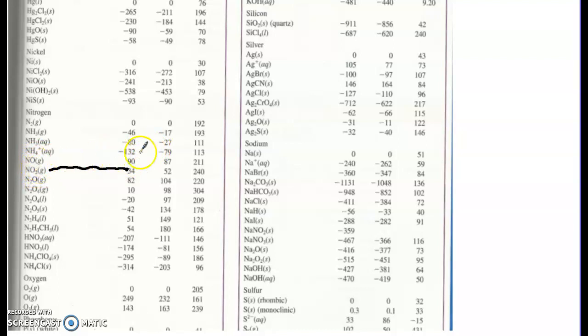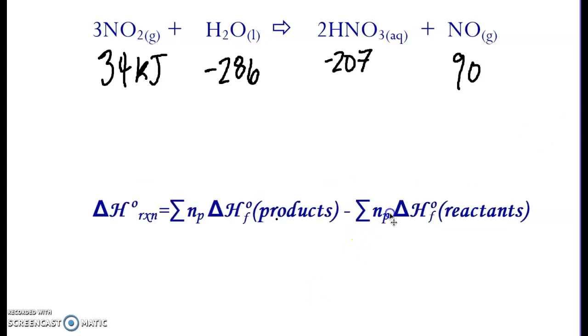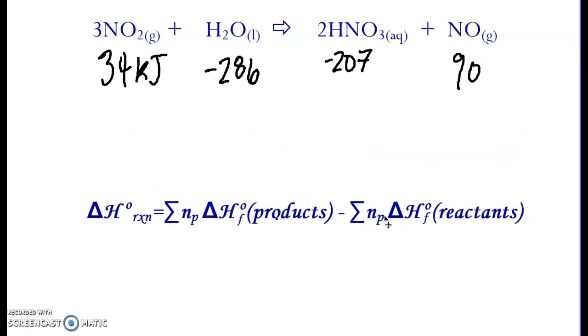Gas form has 90 kilojoules per mole. Now, of course, our equation, which I gave you yesterday, is pretty scary there, but you can see it's the products.